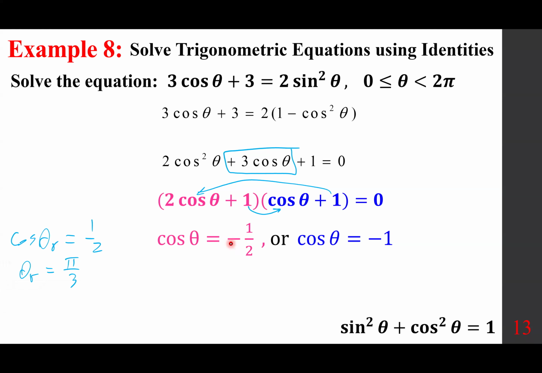Now we want a negative. Cosine is negative in the second and third quadrant. In the second, pi minus pi over 3. In the third, pi plus pi over 3. Cosine is negative 1 when theta is pi. So we have those three answers. Those are pretty simple, everybody.